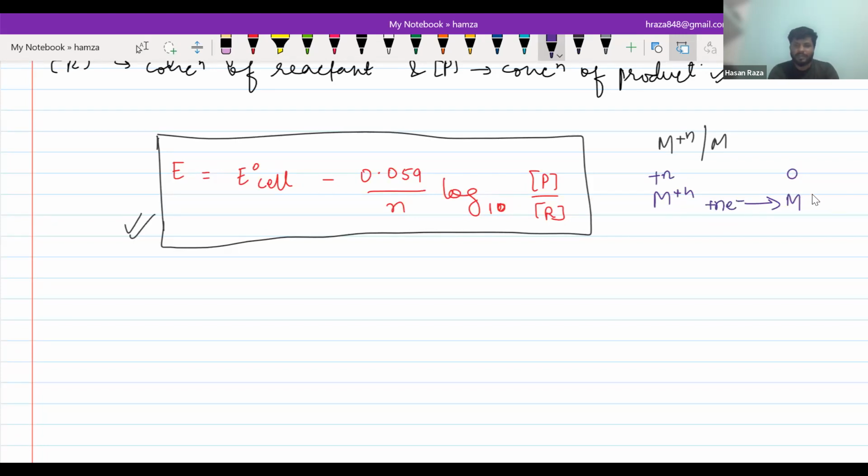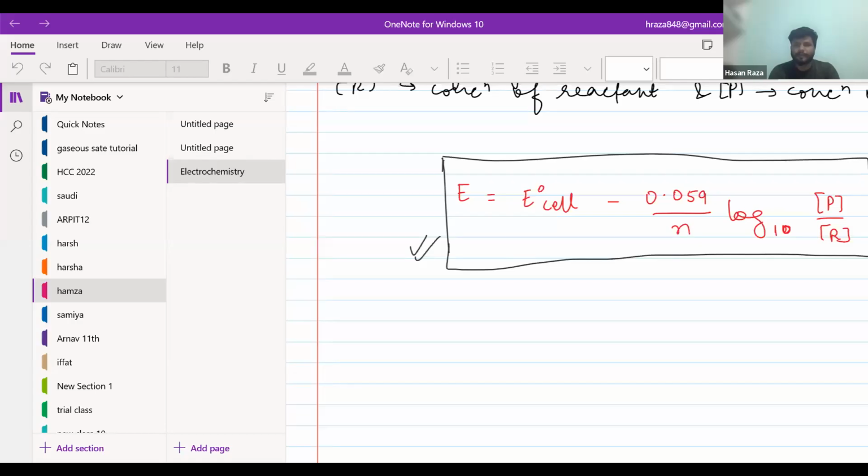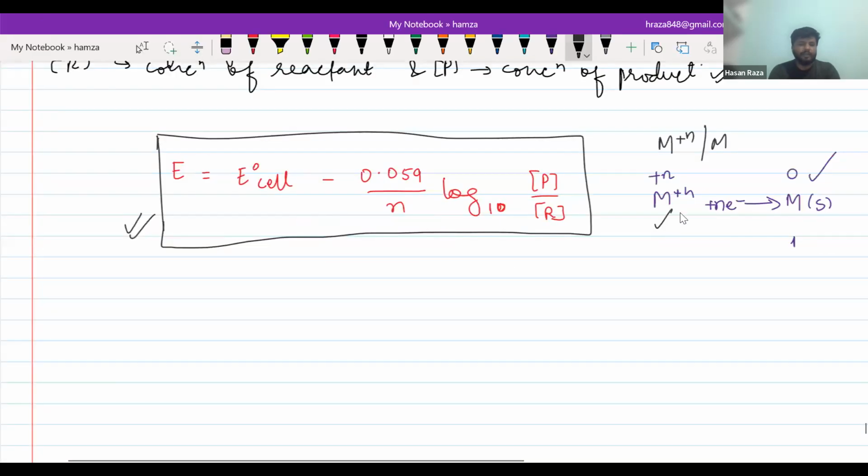When it gains n electrons. So this is our product, and since it is solid, its value will be 1, upon reactant, this concentration value will be given.